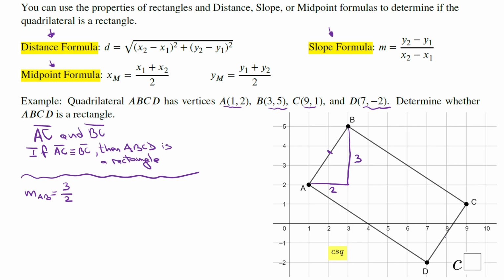Then we can look at DC, this one, and we notice we have the same thing, so we're going to have 3/2. So what do we know right away? We know AB is parallel with DC. And very similar we can do for AD and BC. They're going to be the same.